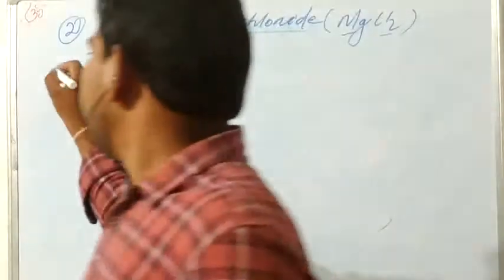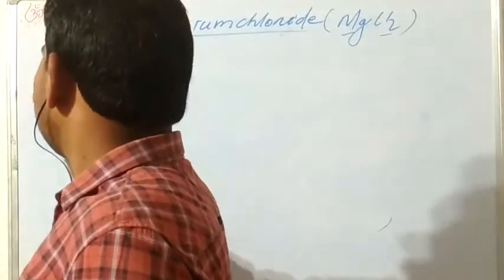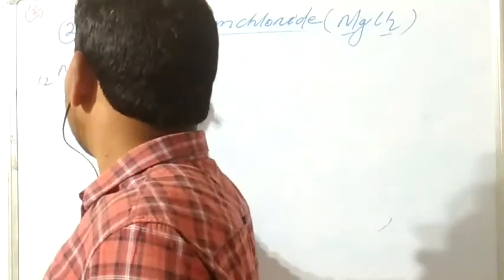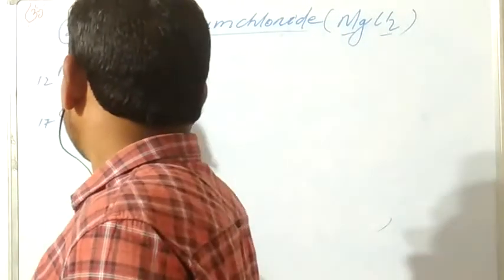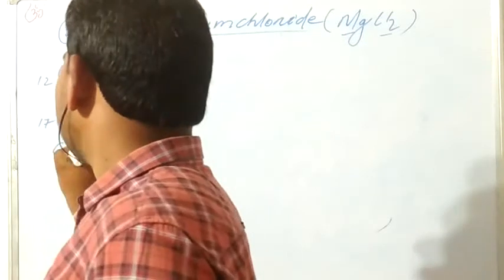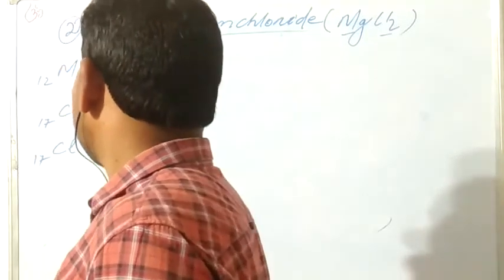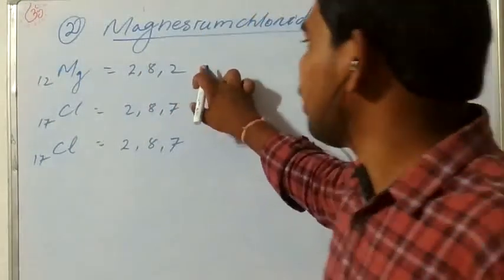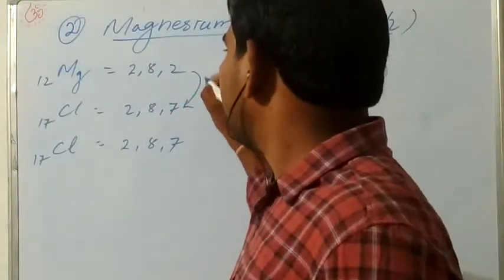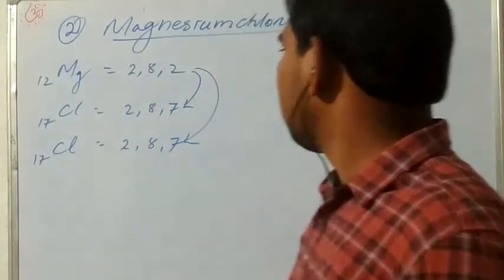So first we write their electronic configuration. Magnesium has 12 electrons, that is 2, 8, 2, and chlorine has 17, 2, 8, 7, another chlorine 17, 2, 8, 7. Here magnesium lost 2 electrons, 1 for this chlorine and 1 for this chlorine.